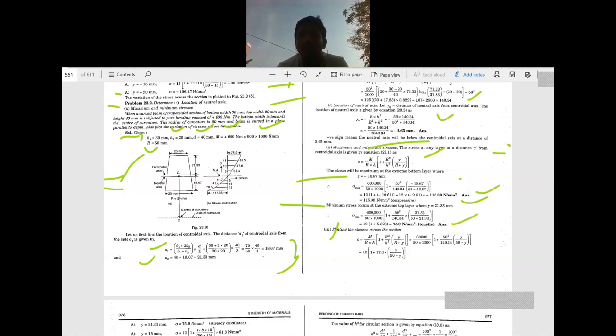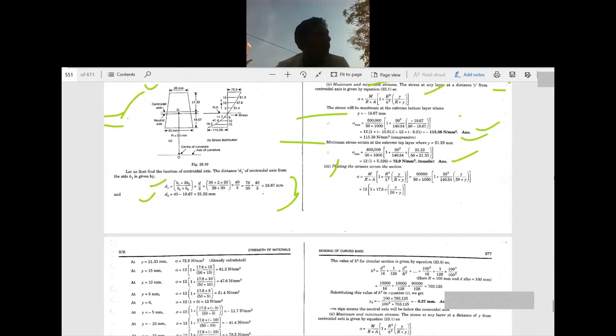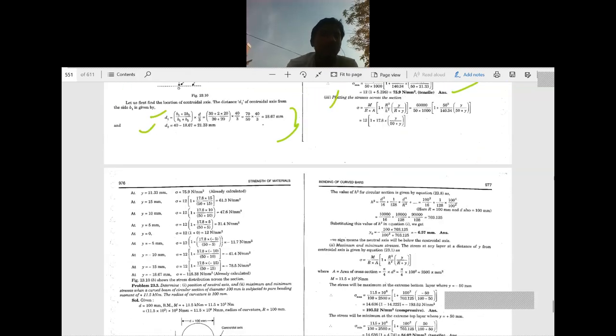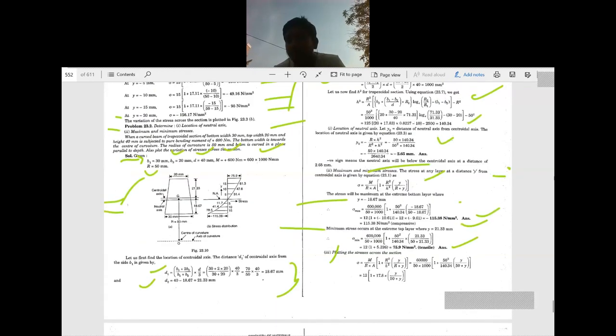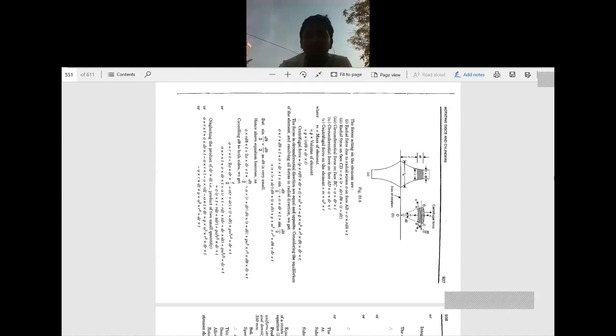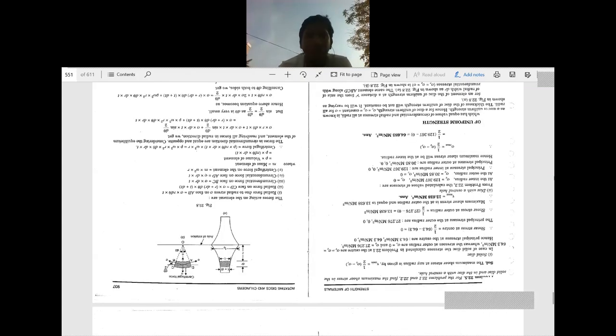Then you also plot the stress across the section, substituting in the formula. Here at y equal to 21.33, you calculate at 15, 10, 5, 0, minus 5, minus 10, minus 15. And using these values you draw the curve.